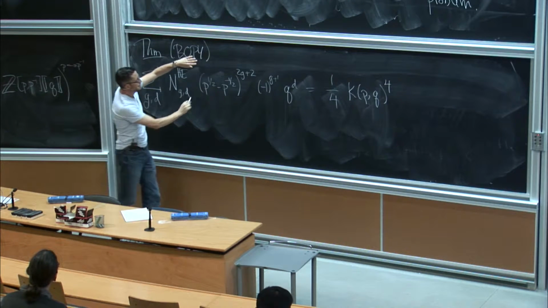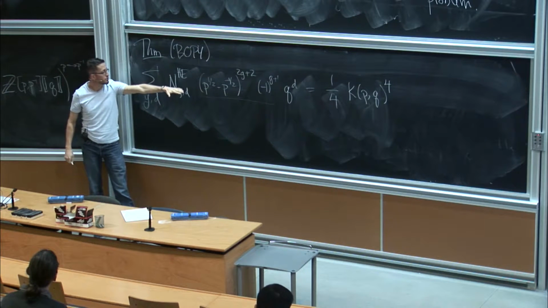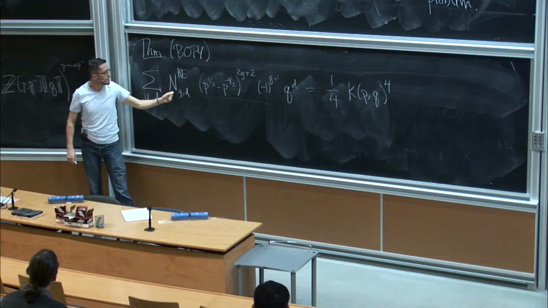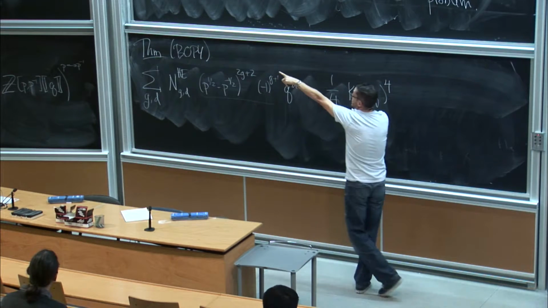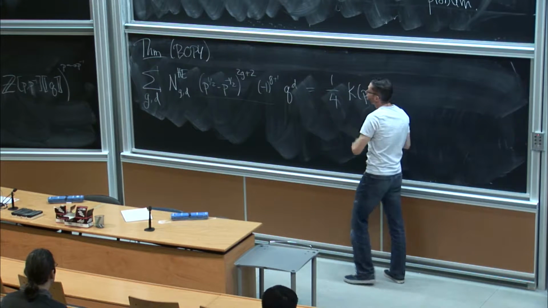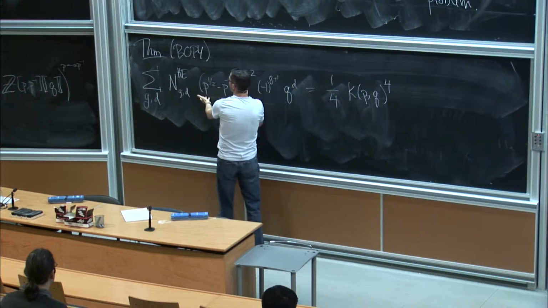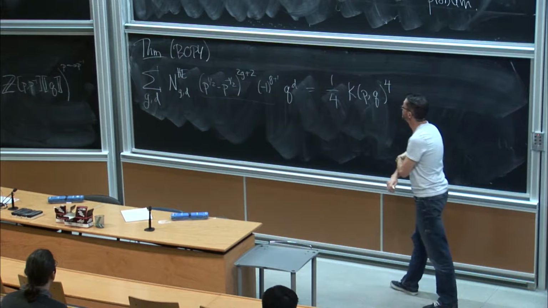And in fact, this collection of polynomials forms a basis for the Laurent polynomials. So if you want to know the answer to some given g and d, I look at the coefficient of q to the d, that's a Laurent polynomial. I write it in terms of these bases, and those coefficients are exactly those guys there.